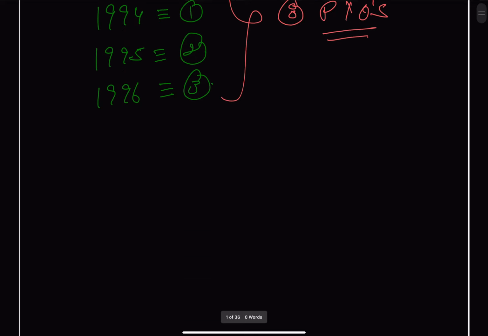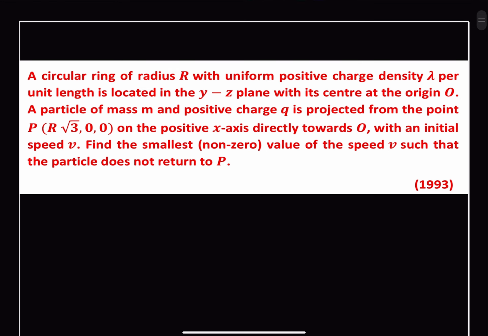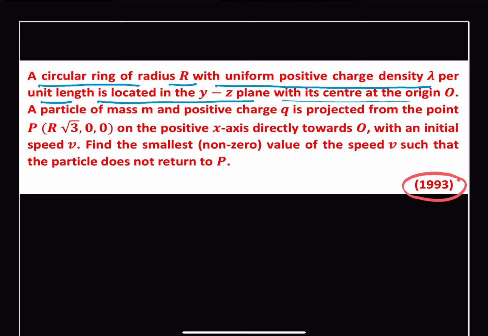And the first question, which was asked in the year 1993, states that a circular ring of radius r with uniform positive charge density lambda per unit length is located in the YZ plane with its center at origin O. A particle of mass m and positive charge q is projected from a point P whose coordinates are given as r square root of 3, 0, 0 on the positive x-axis directly towards O with an initial speed v.